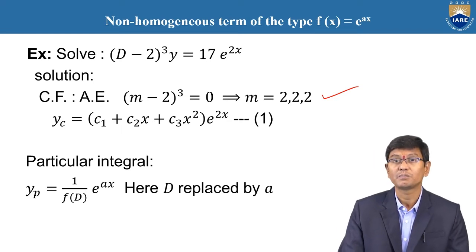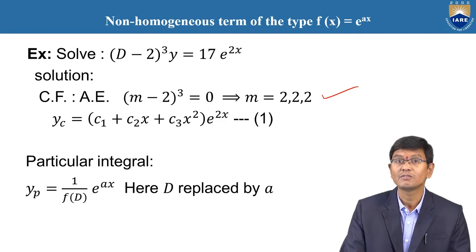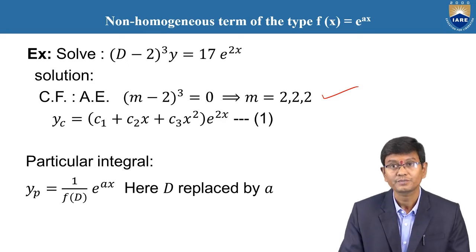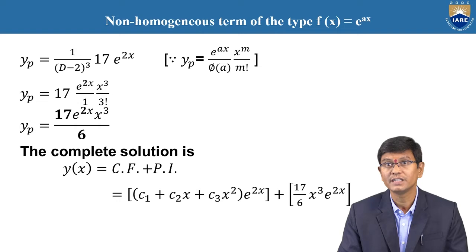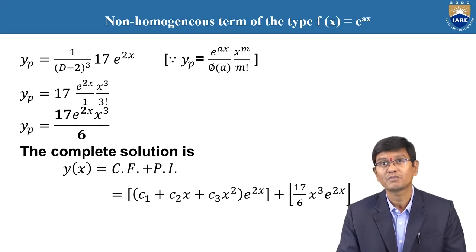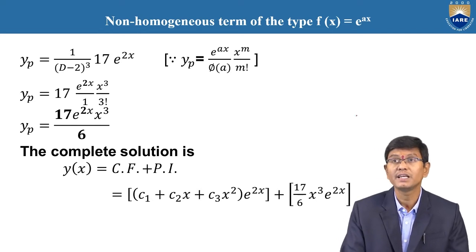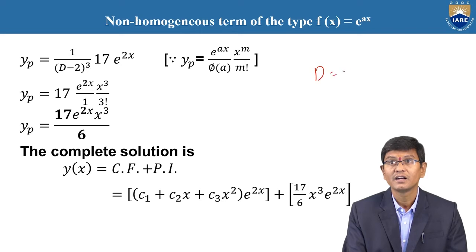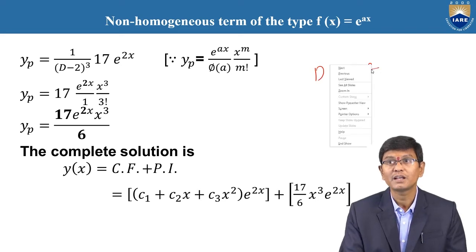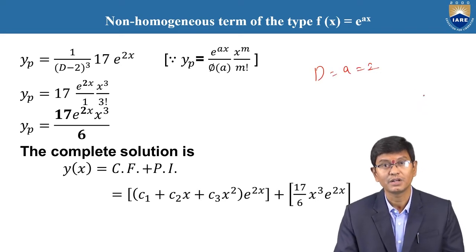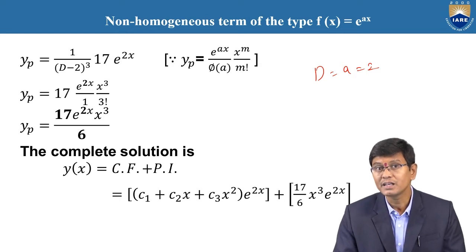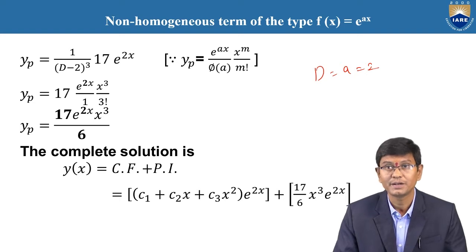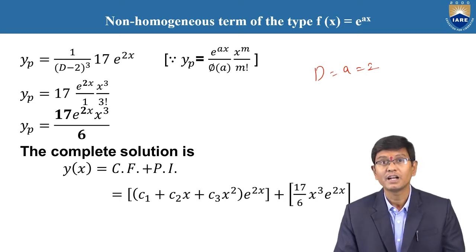Next, we need to find the particular integral, that is yp is equal to 1 by f of D into Q. Therefore, 1 by f of D is 1 by D minus 2 whole cube into 7 into e power of 2x. But here, when we replace D with a, that is 2, the denominator is 0, repeated 3 times, because it is D minus 2 whole cube.